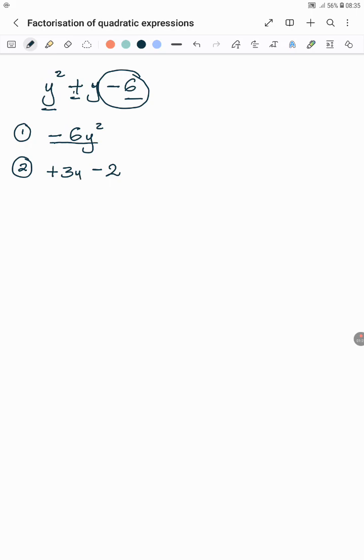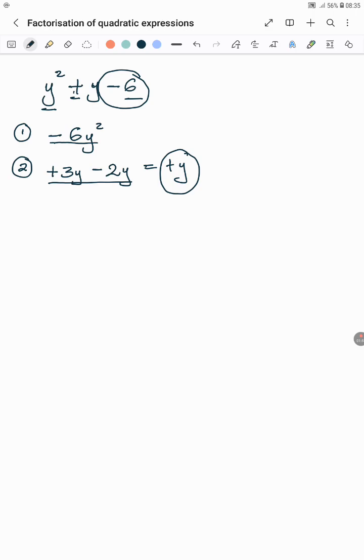So we are saying these are the two factors which when we multiply them, they're going to give us minus 6y squared. But if we add them or subtract them, we are going to get plus y, because here you see our answer is going to be plus y if we were to add them or subtract them. So now these are the two factors that we use to replace the middle term.